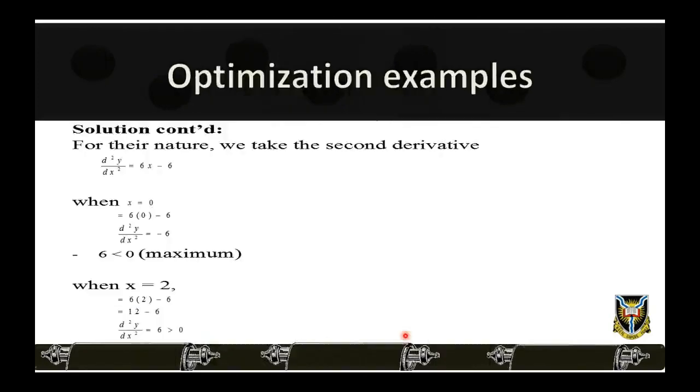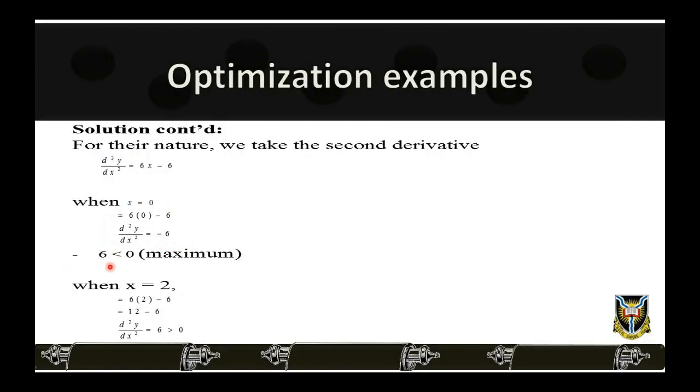For their nature, we take the second derivative. d²y/dx² = 6x - 6. When x = 0, 6(0) - 6, d²y/dx² = -6.